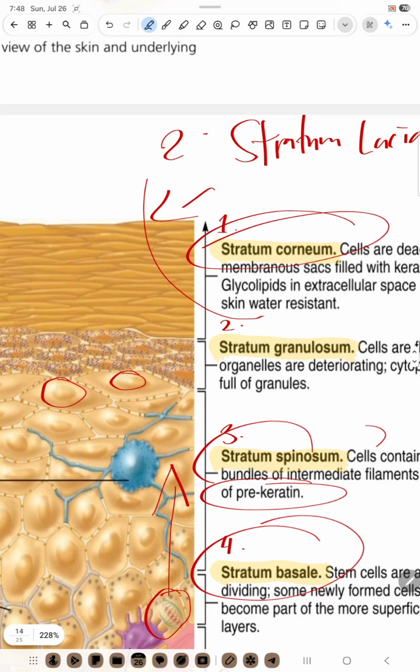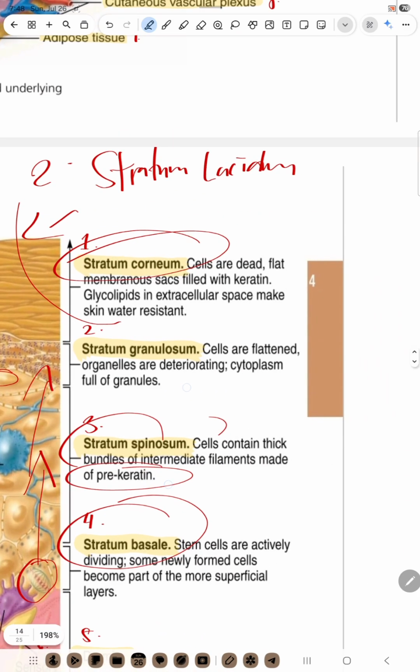After the stratum spinosum comes the stratum granulosum, where our cells are slowly dying. The cells become flat, and the organelles are deteriorating.